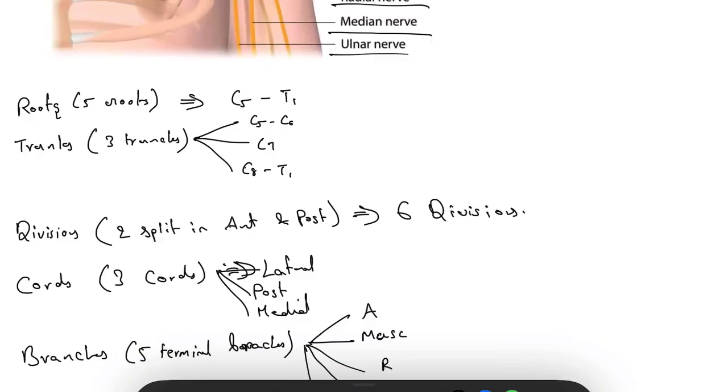Each trunk splits into anterior and posterior divisions, giving a total of 6 divisions. Then the divisions regroup into cords, around the axillary artery. The cords give off branches, the terminal nerves to the limb: axillary, musculocutaneous, radial, median, ulnar.